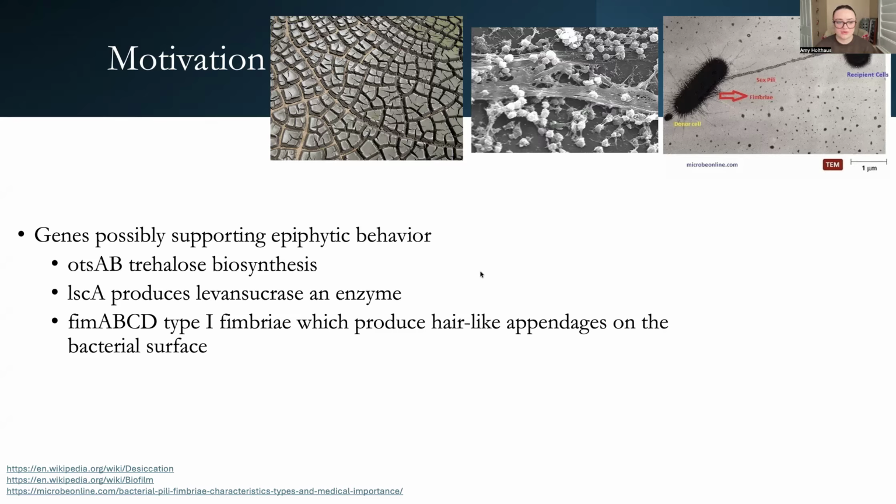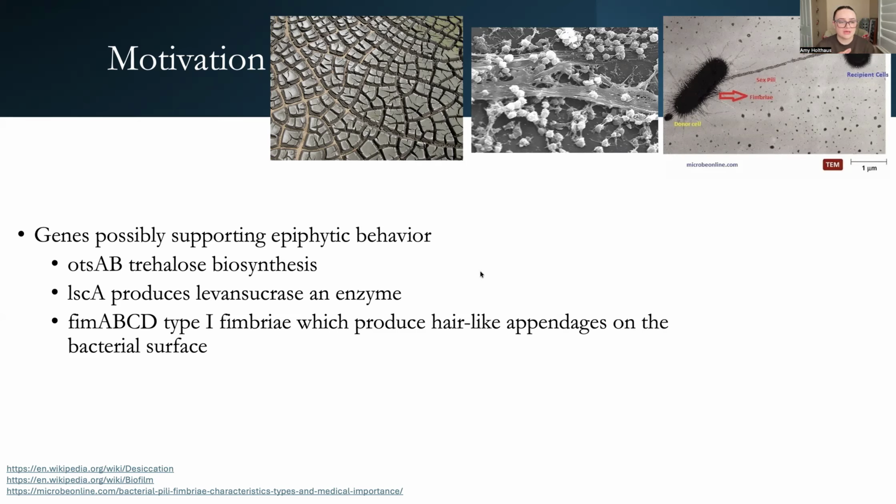And so levan is also extremely important in biofilm formation. It produces the viscosity and almost stickiness of the biofilm. So it's what helps make it stick and keeps everything in place from movement.